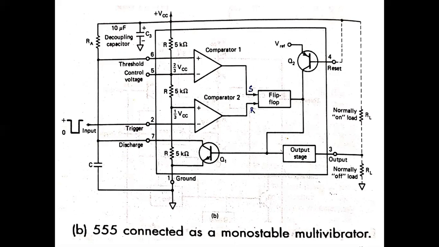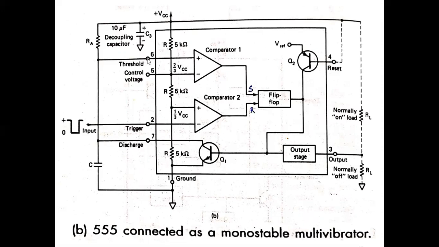For a better explanation of this circuit, we should know how the internal block diagram is included and how it works. We will see it one by one according to this internal block diagram. Before proceeding with the operation of this 555 timer as a monostable multivibrator, it is important to examine its pin functions.